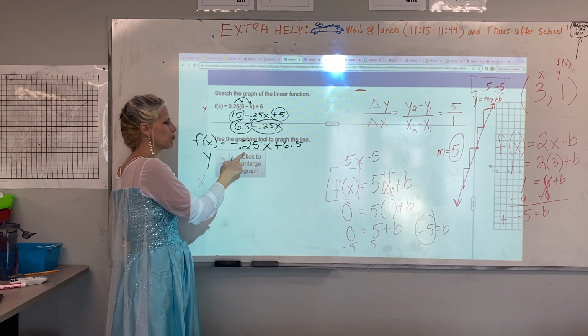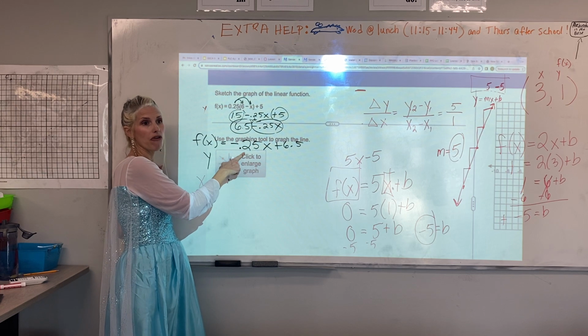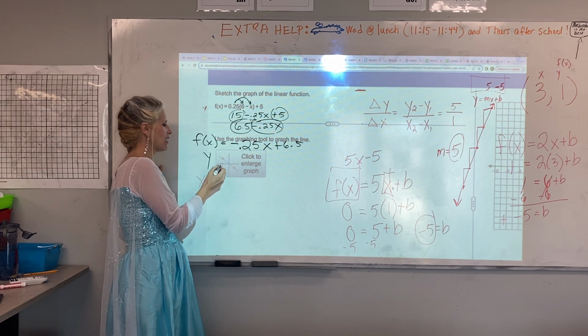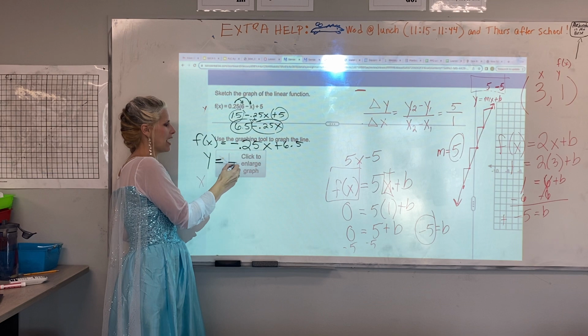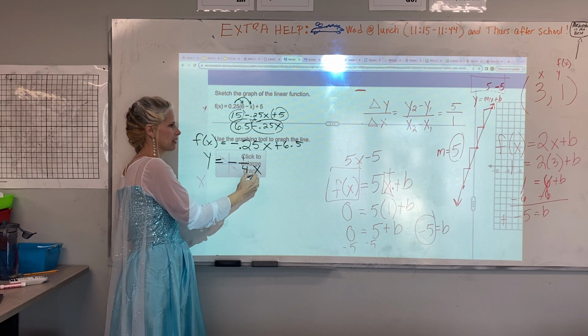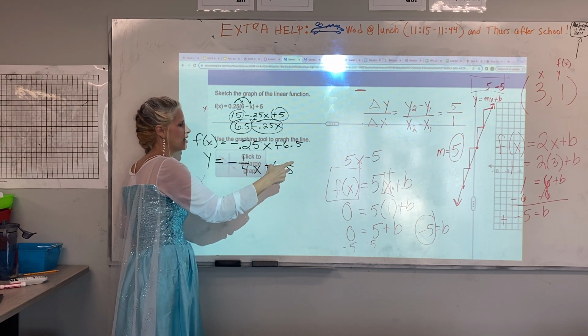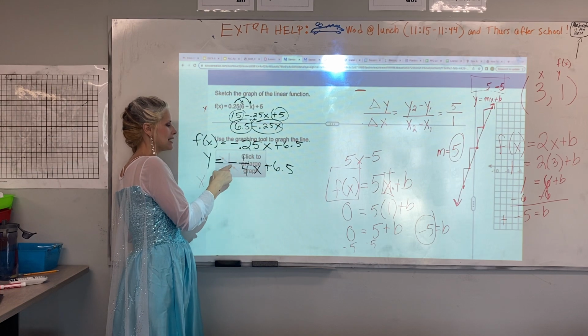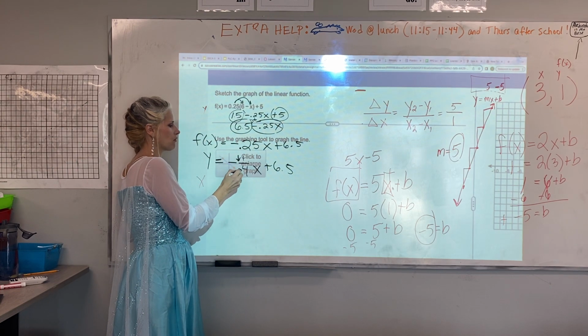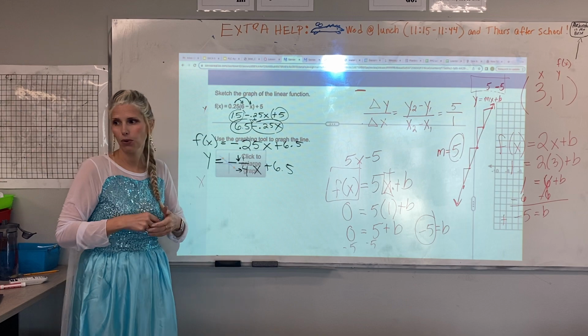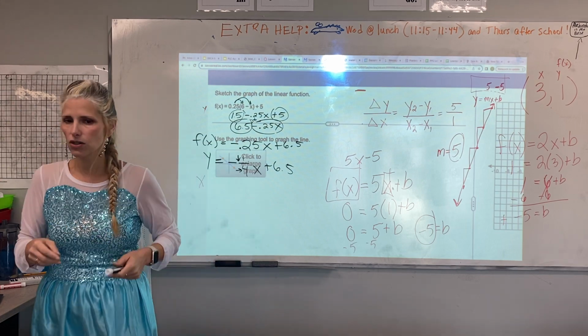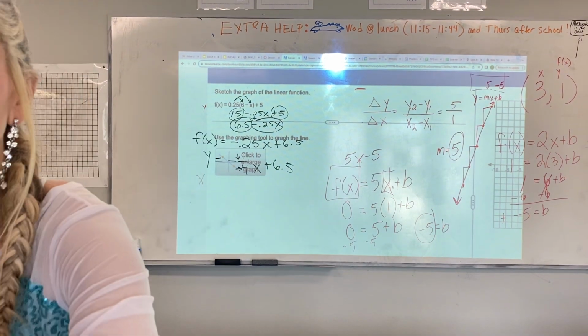This is our slope. We like our slope in fraction form, right? So how would we write that in fraction form? Negative 1/4 x plus 6.5. Plot this, then go down 1, right 4, and plot your second point. That's it. That's all the homework.